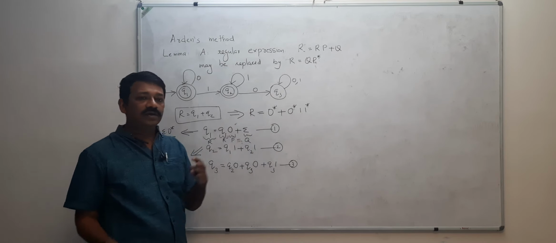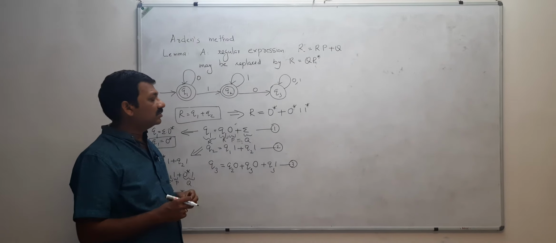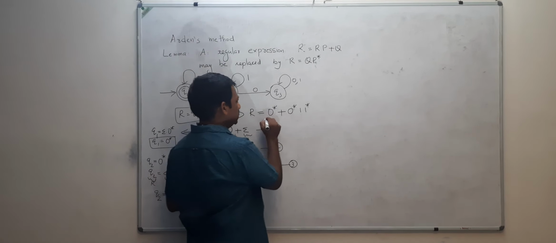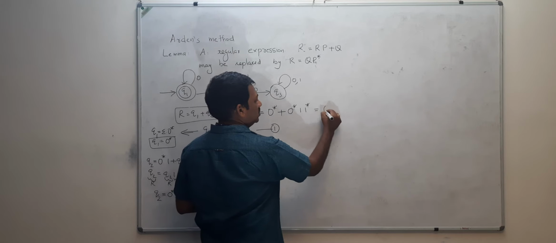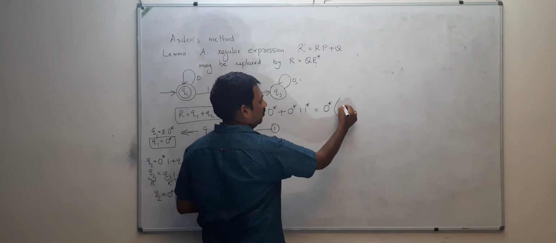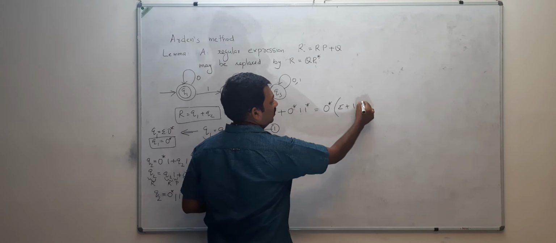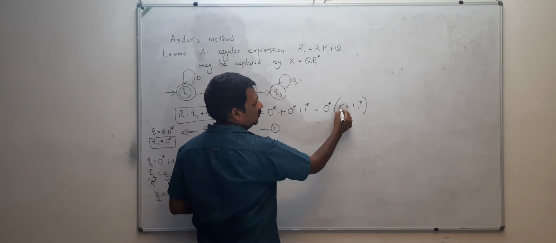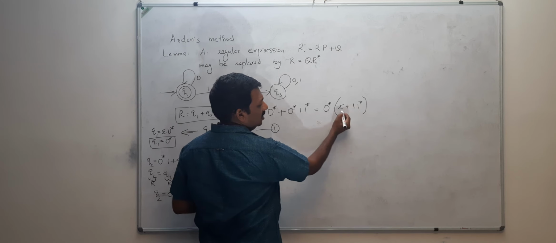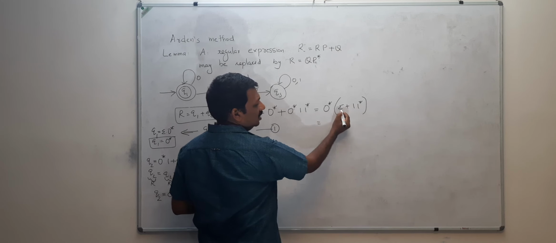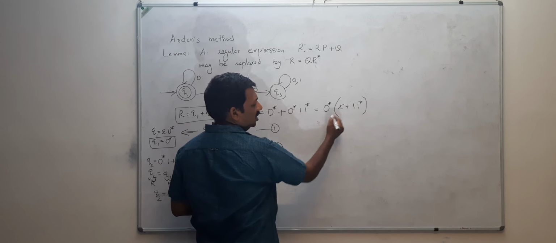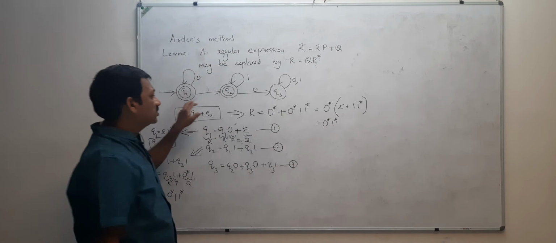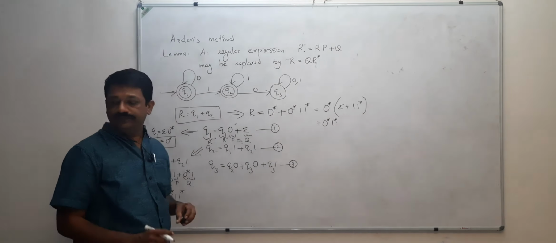If you want, you can simplify this also. Taking 0 star as common, it is 0 star (epsilon or 1 1 star). Epsilon or 1 1 star means zero or more occurrences of 1, so you can have 0 star 1 star. That is the simplified form.